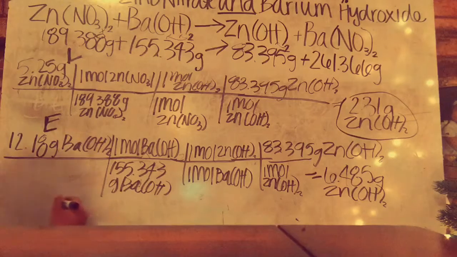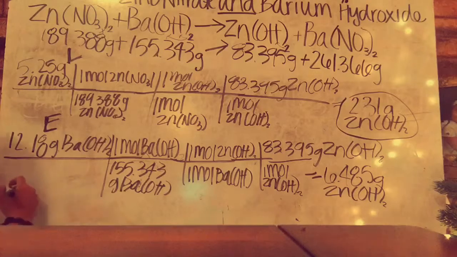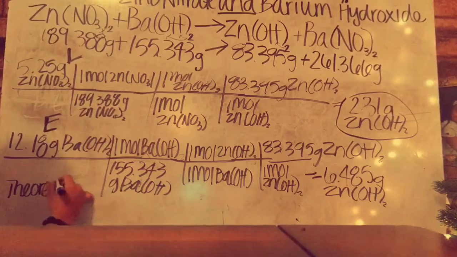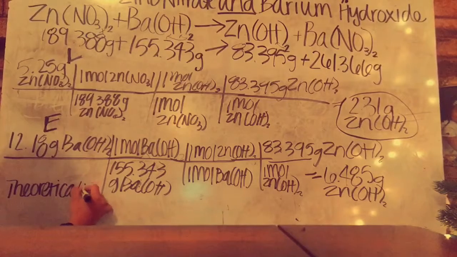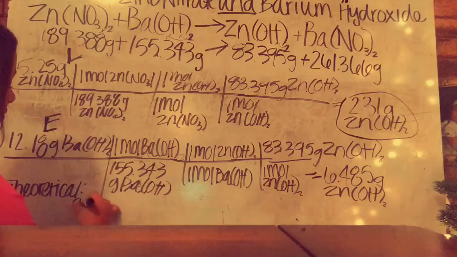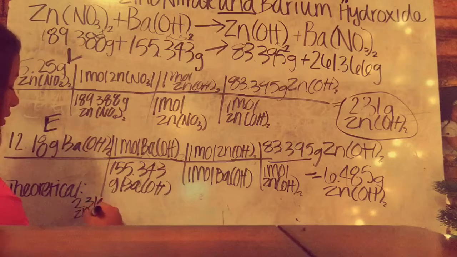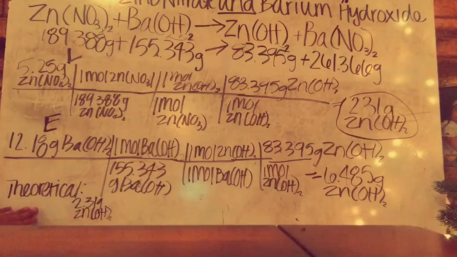There's not a lot of room, but I'll make it work. I'm going to find the percent yield. And our theoretical yield is 2.31 grams of zinc hydroxide. And again, in theoretical yield, you're going to use the one with the lesser amount.